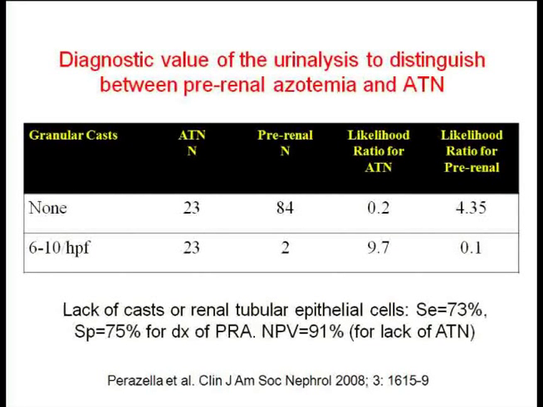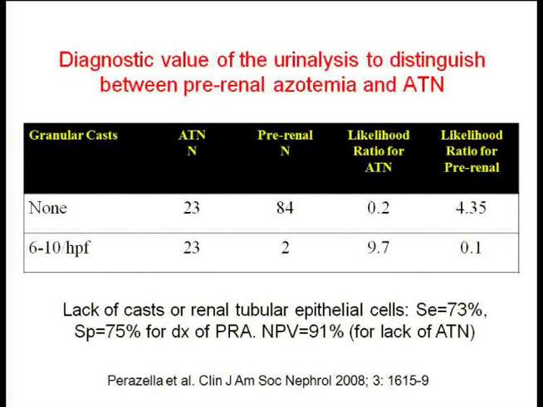Now, the urinalysis is known to give you some valuable information in distinguishing prerenal azotemia from ATN. These are data from my colleague Mark Parazella. What you can see is that in patients who do not have any granular casts, and that's also true for tubular epithelial cells, but much better for granular casts, the likelihood of ATN is significantly lower than prerenal azotemia.